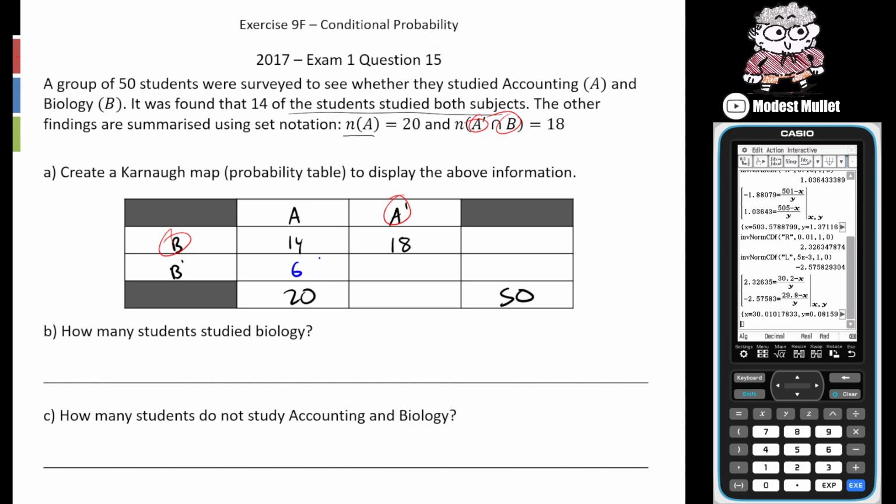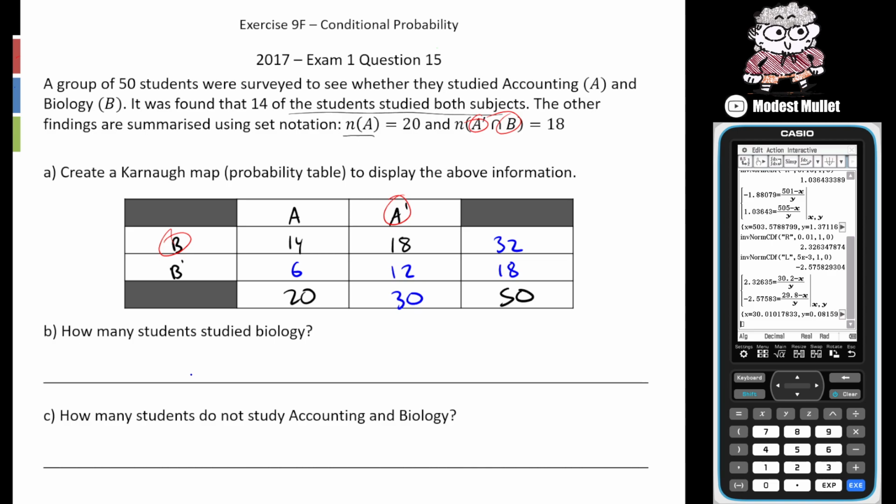That needs to be 6 to add up to 20, and to get to 50, that needs to be 30, so that needs to be 12. 6 and 12 is 18, 14 and 18 is 32, and that works adding that way as well. Yeah, that all works.